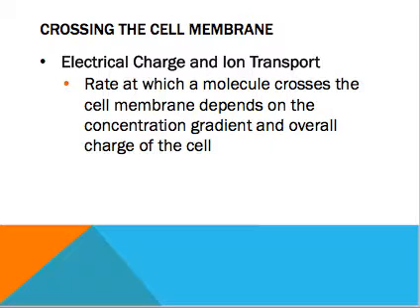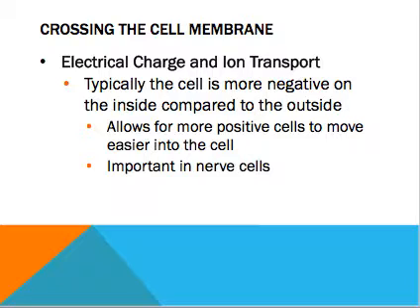So that's actually quite important to how our nervous system functions. Typically, the inside of the cell happens to be more negative compared to the outside of the cell. So you want to keep that balance. This allows more positive ions to move easier into the cell. As I just said, important for nerve cells.